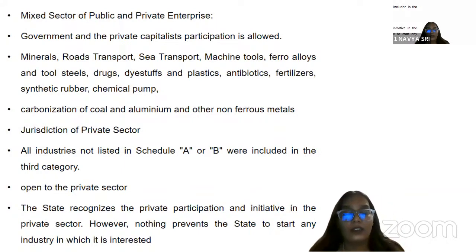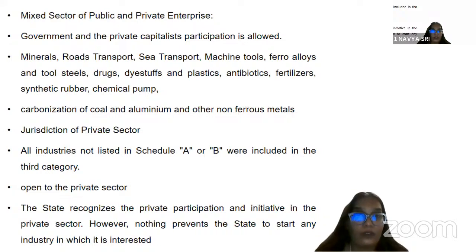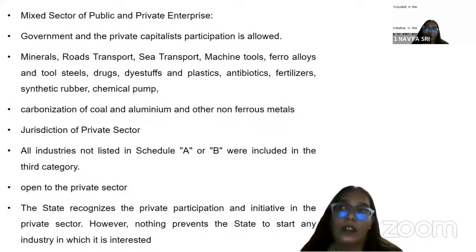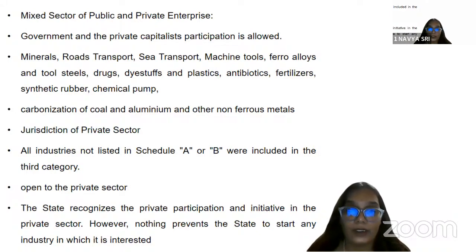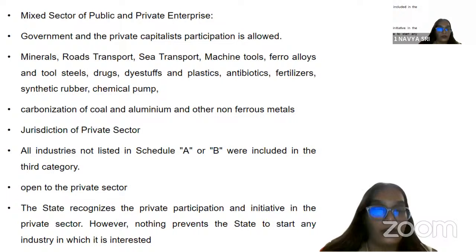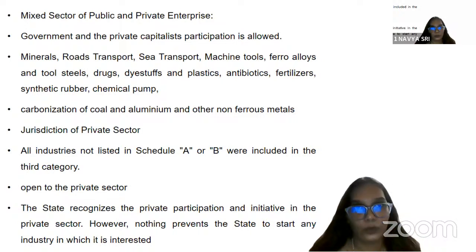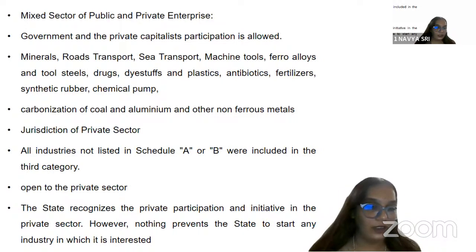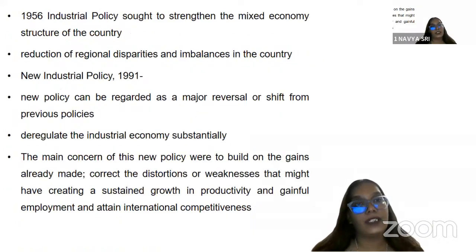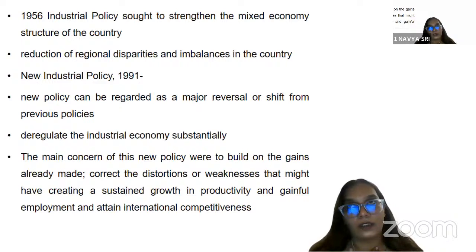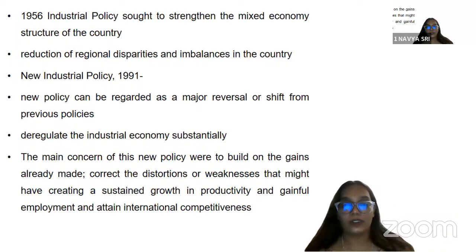But this doesn't mean that these are solely controlled by the private sector. The government at any point can take over or can establish a monopoly in such an industry if it thinks that it is important for security or national issues.